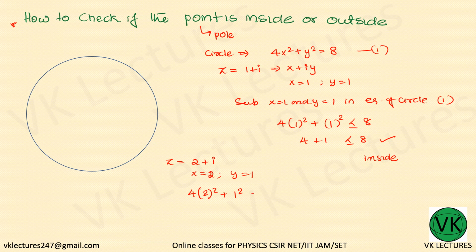So this is equal to 4 times 2 square, that is 16, plus 1, 17. So is this less than or equal to 8? No, this is not less than or equal to 8. So this point 2 plus I is outside this circle. Okay. So consider only points which are inside the contour.